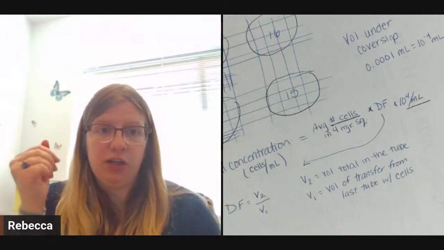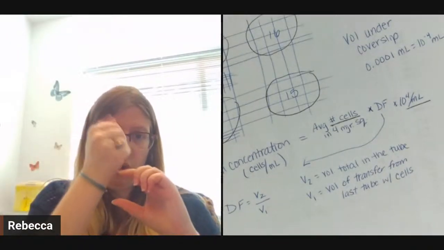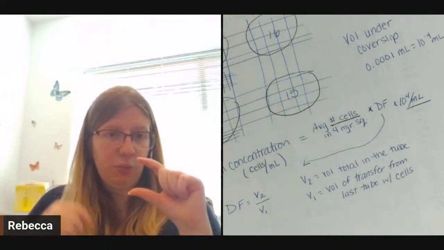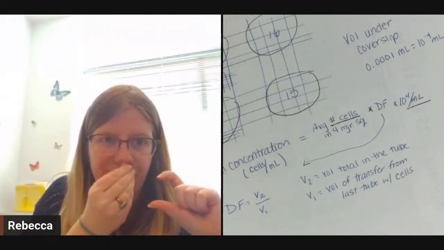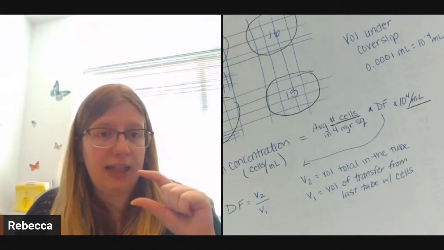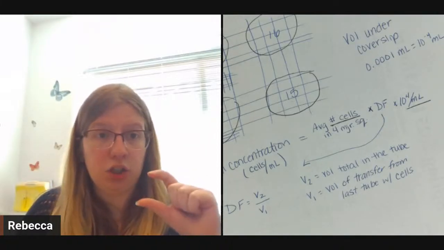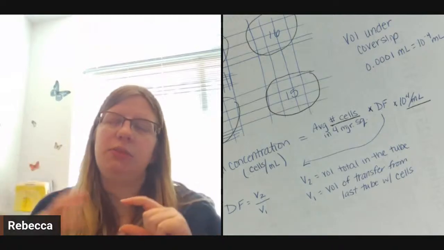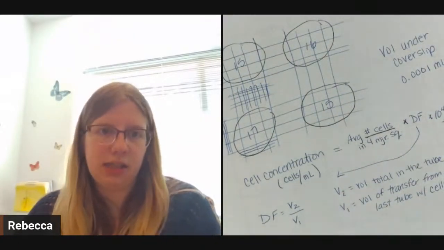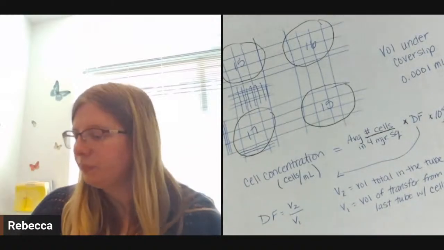Basically, the volume that you are going to take from one tube out with your micropipette and put into your new tube. And we're assuming, to begin with, of initial dilution, this would be a very highly concentrated cell culture, right? And we know we need to dilute it to be able to count it under this hemocytometer so that it's easily countable with our naked eye.